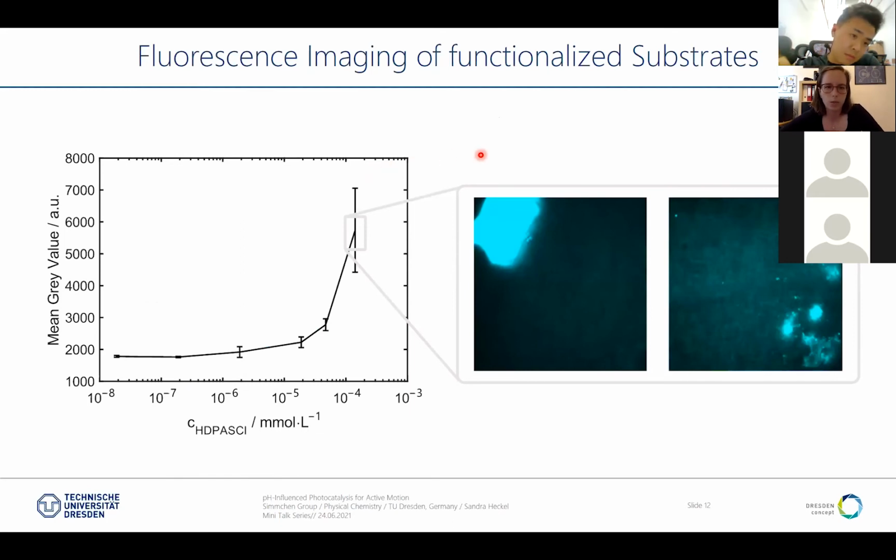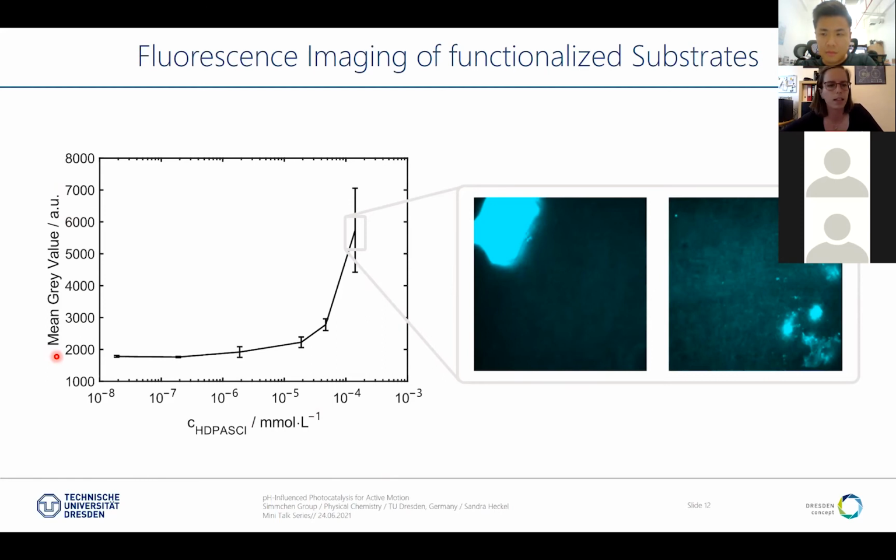So the data you see now is fluorescence imaging of these coated substrates. In the plot here on the left, you have on the x-axis different dye concentrations during functionalization. On the y-axis, the mean gray value of the substrates later when we did fluorescence microscopy.